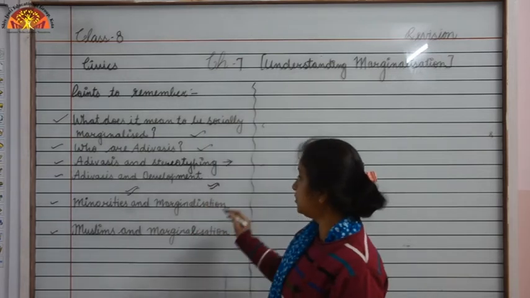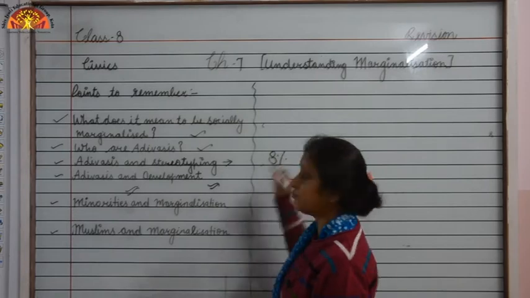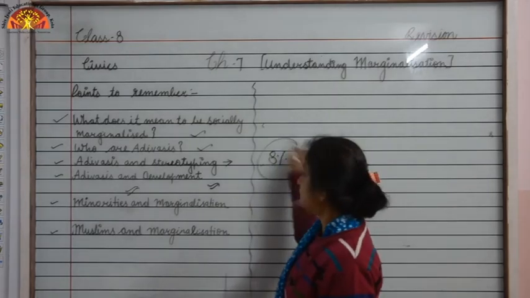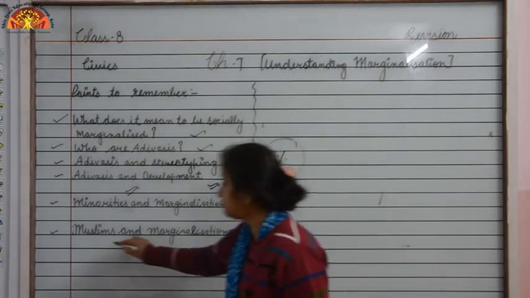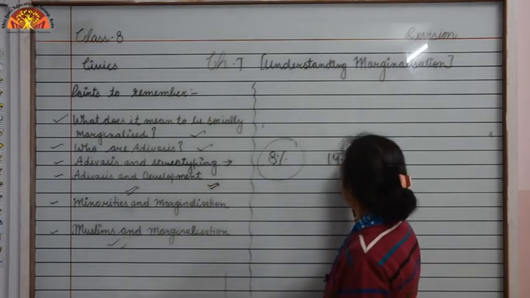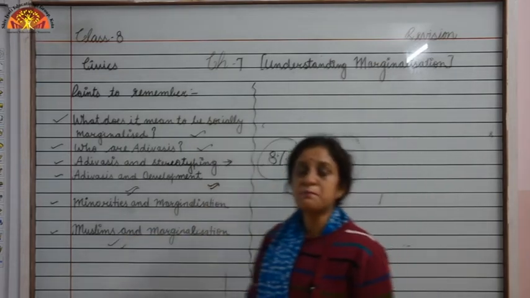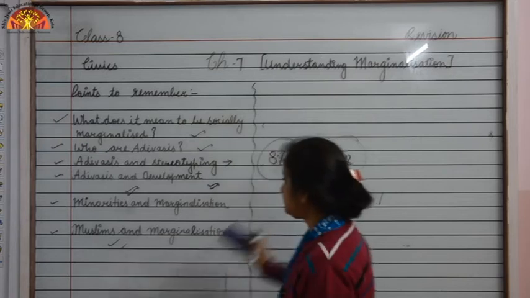Okay, as I have told you, there are only 8% Adivasis in India of the total population, and if we talk about Muslims, they are only 14.2%. That's why they are considered marginalized groups. Okay, students.